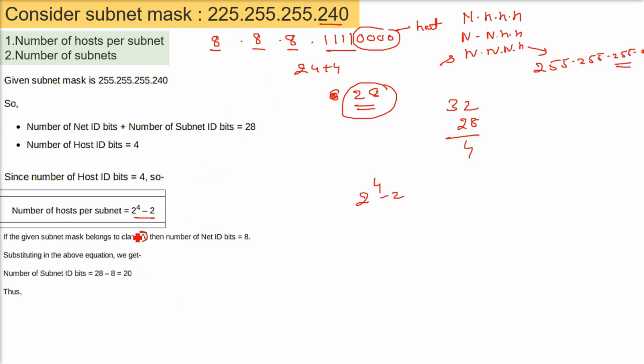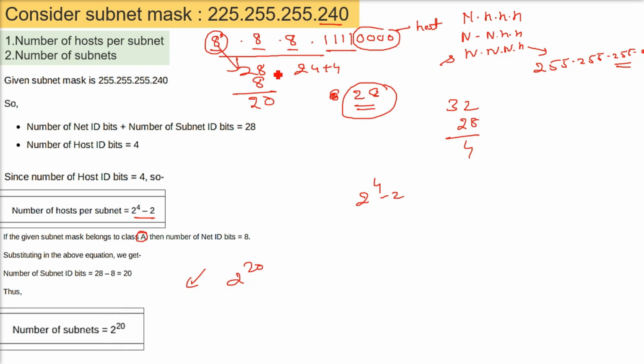If this is class A, let us assume that this is class A. In class A, the first octet is always network, so you don't have to worry about it. You just subtract this from the number of ones. How many ones are there? 28. Subtract 8, you get 20. That 20 will be used for the subnets.